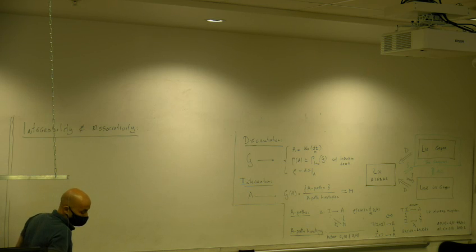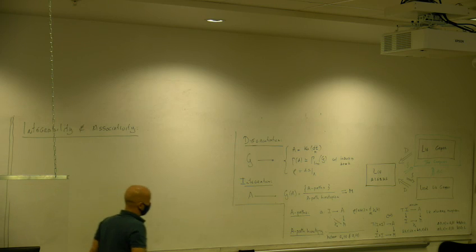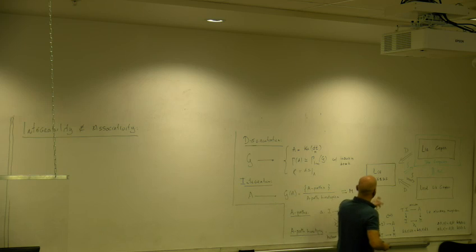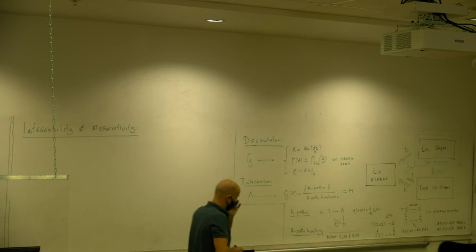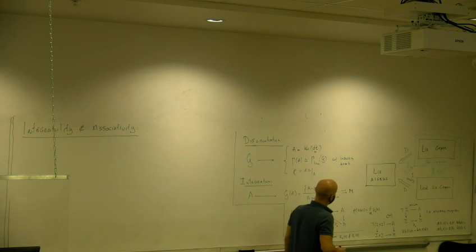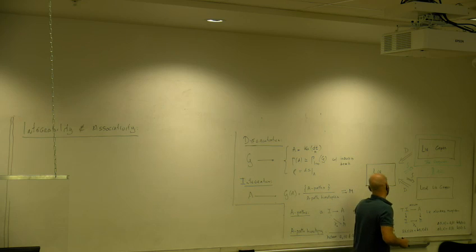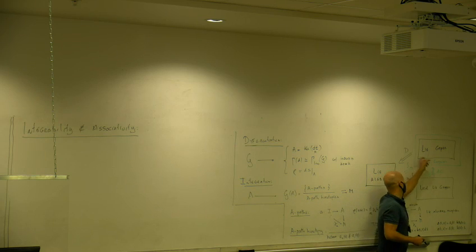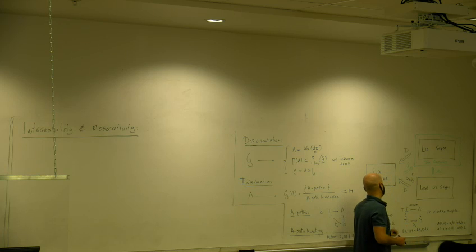So let me start first by discussing this integration from algebroids to groupoids. That's something that is very old, that people know that not every algebroid comes from a Lie groupoid. And so at some point, people wanted to understand what were the obstructions to have a Lie groupoid associated with a Lie algebroid.